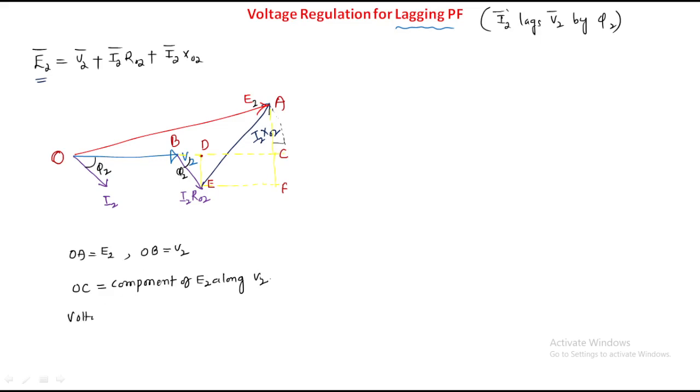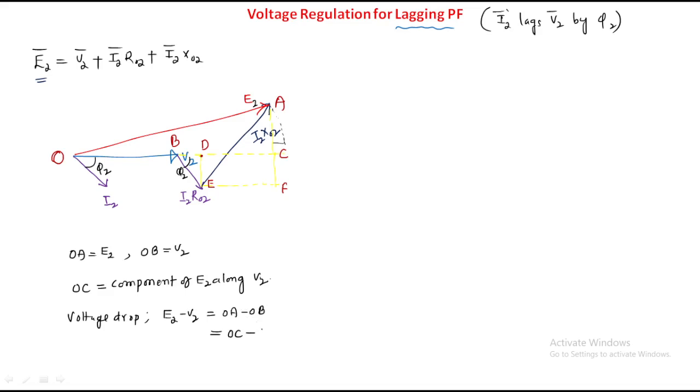Therefore voltage drop is nothing but E2 minus V2, which is equal to OA minus OB, right? OA minus OB is nothing but the component voltage drop, which we can write as OC minus OB.